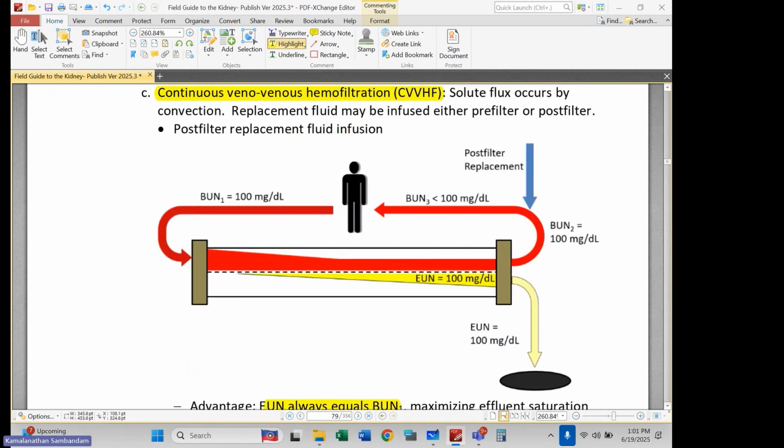As you get further along the length of this filter, you're getting an increase in hematocrit and an increase in concentration of clotting factors, so you're more likely to clot the filter as you push higher and higher replacement fluid flow rates.